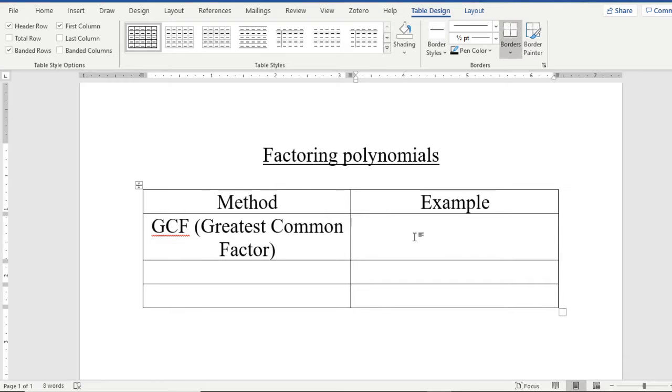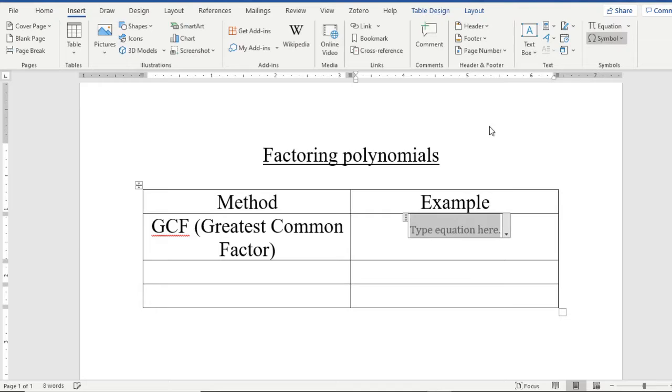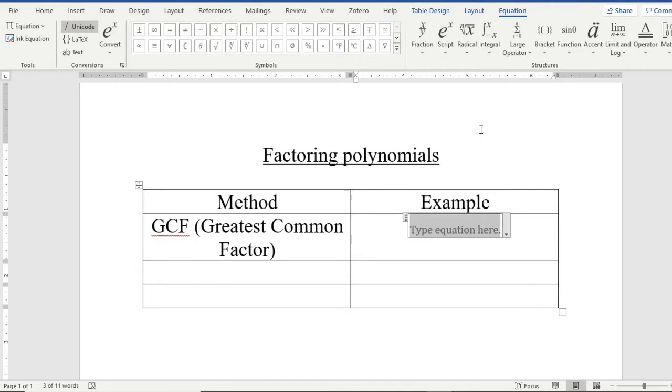So what that looks like is, say I have 4x squared plus 2x plus 2. Each term here can be divided by 2. So I can factor out the 2.